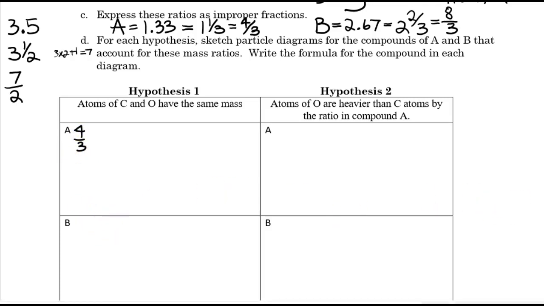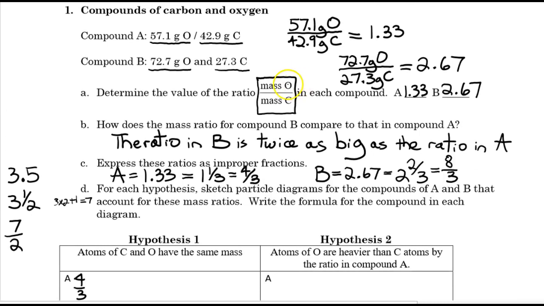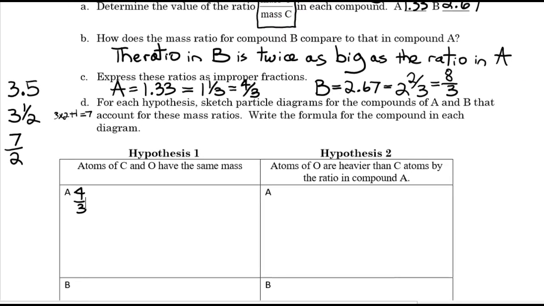If I go back all the way to the top here, I got that by doing mass oxygen divided by mass carbon. So when I say the ratio is 4/3, what I'm really saying is it's 4 oxygens for every 3 carbons. Okay, I can draw that. 4 oxygens and 3 carbons.